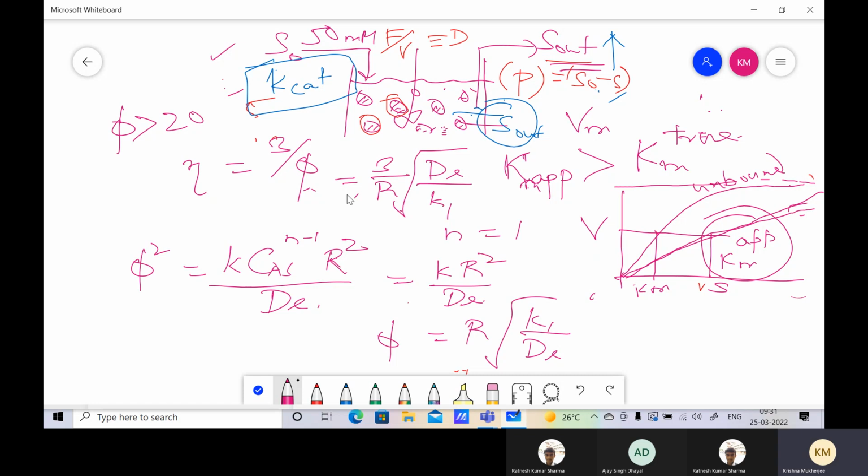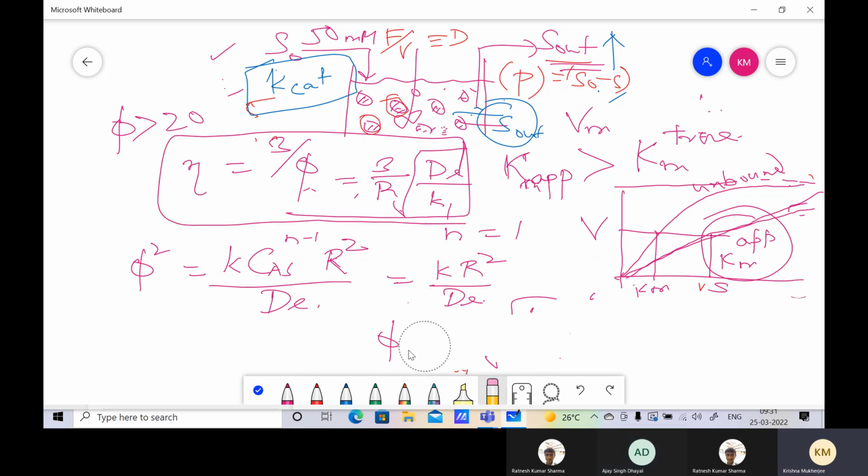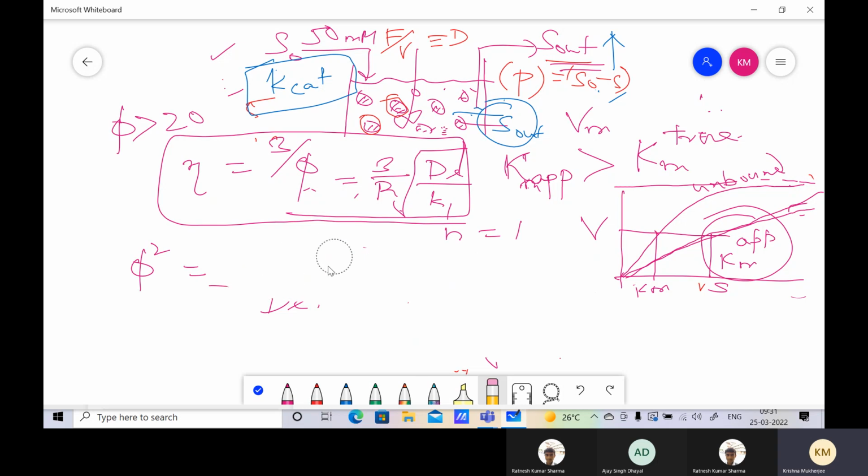I am deriving it again and again. So 3 upon phi will become 3 upon R root K1 by D. Root K by D. Yes, sir. This is clear, right? We have done this before in class. So now, since you have done this before in class, tell me how to solve this. How to solve the CSTR problem. What was the benefit of doing this in class?